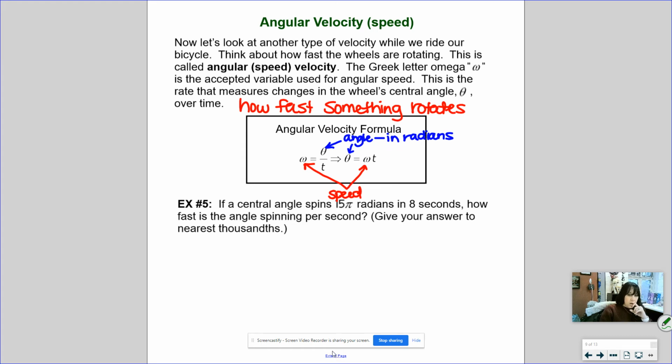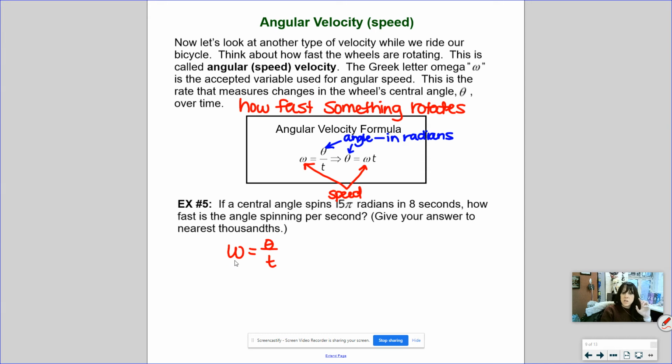Okay, so example 5. If a central angle spins 15 pi radians in 8 seconds, how fast is the angle spinning per second? So we're going to start by looking at angular velocity. So I'm going to start with either one of these formulas will work just fine. So we'll go with this one. That's supposed to be theta. There we go.